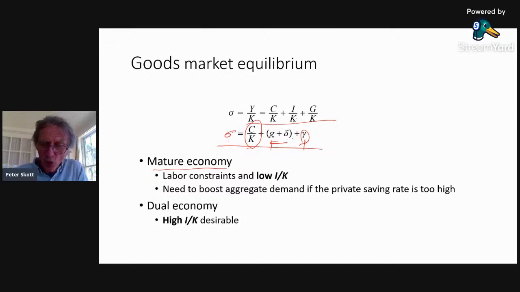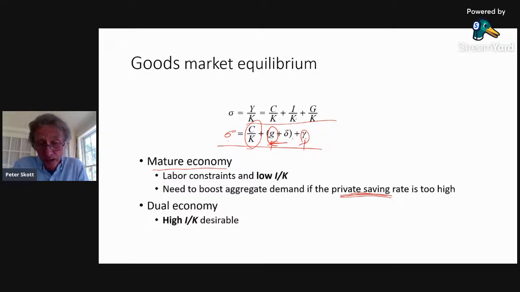Now, we can have a problem. If we have a private saving rate that happens to be high, and we have a low natural growth rate, then we may have a structural deficit, a structural aggregate demand problem in the absence of fiscal policy that is expansionary. So what do we do? Well, you need to adjust taxes.